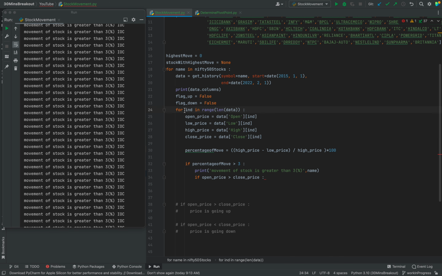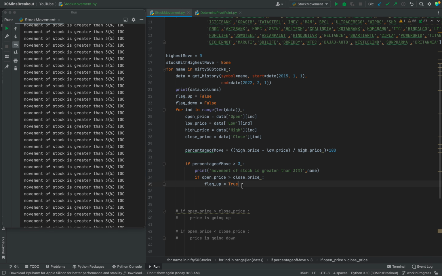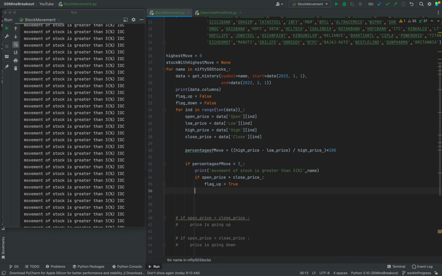Every time this loop runs, it will again come to false. So that's why we have added it just above it. So it will be flag up is equal to false. We have to see if the next day the price is moving up or not. So for the next day we have to just use index +1.